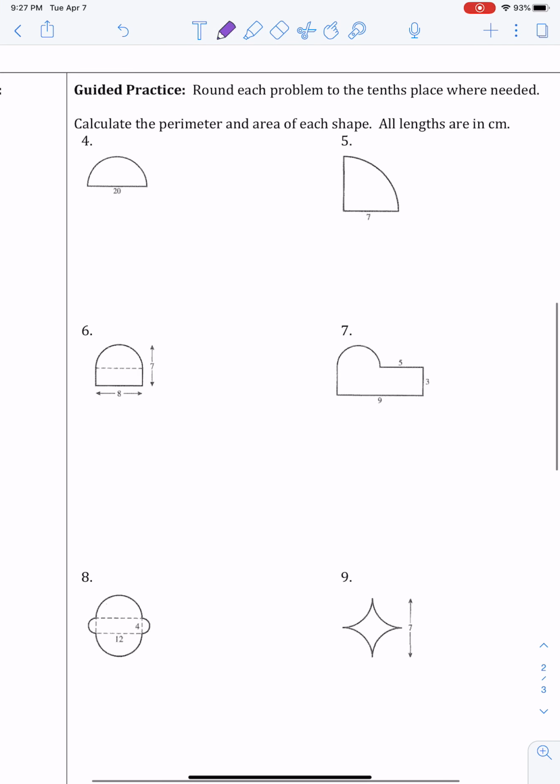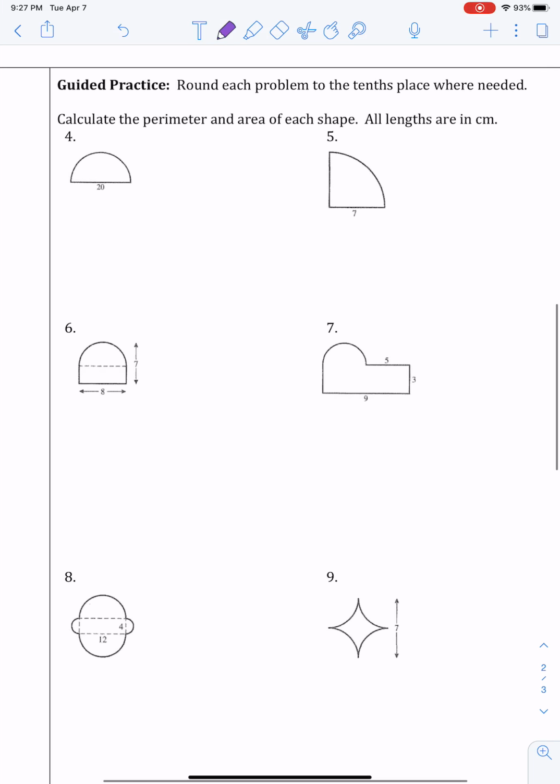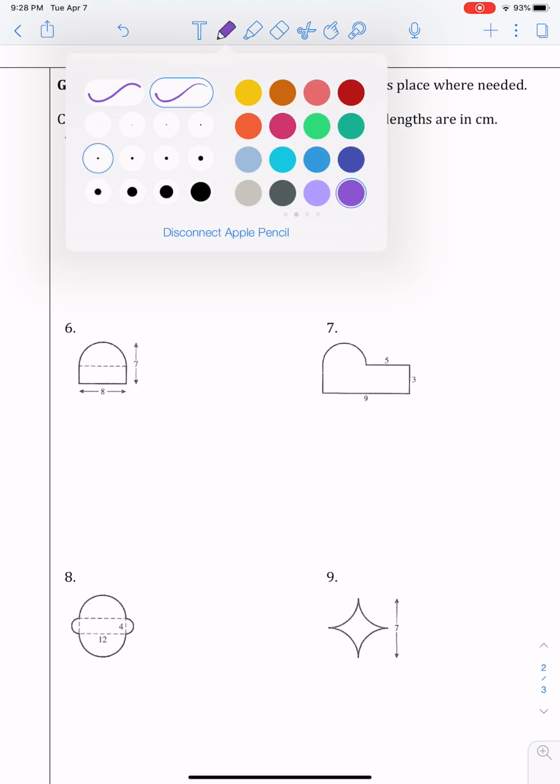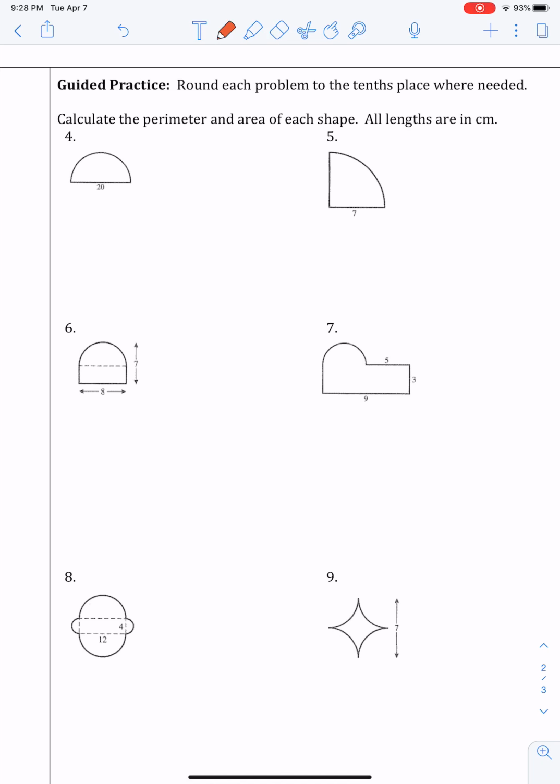So now we're going to look at some application problems. You'll notice the first two are pretty basic, but we have to be able to apply that information. So let's start with the circumference.